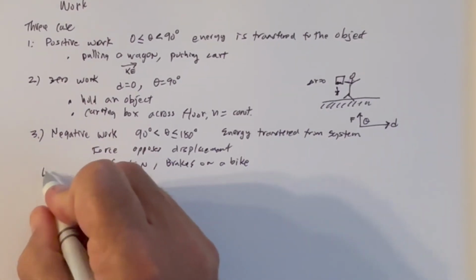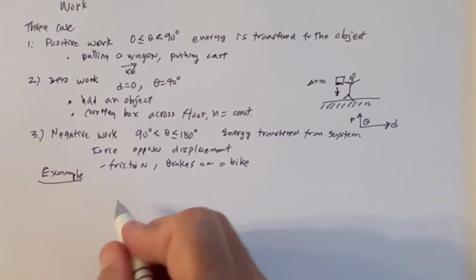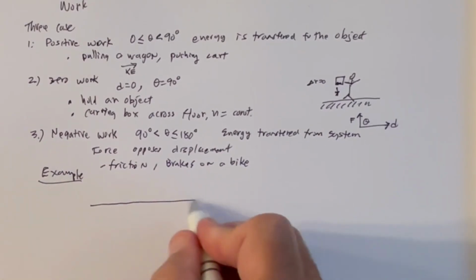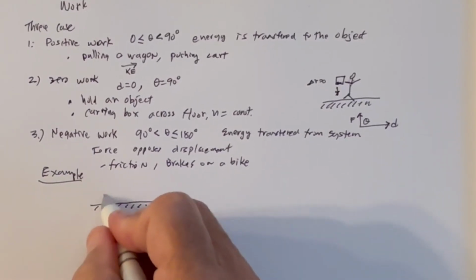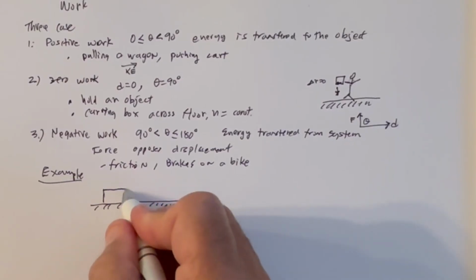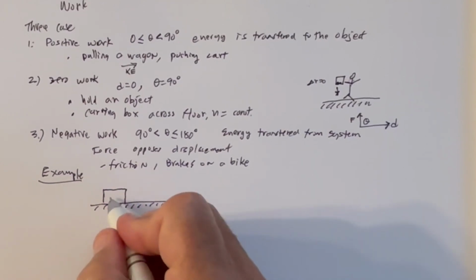Now let's look at an example here. Let's do a simple numerical example. This is a classic example you see in every physics textbook. There's our ground. Here's our box. And in this case, the box is going to weigh 40 kilograms.